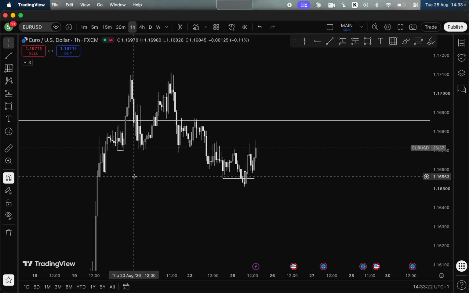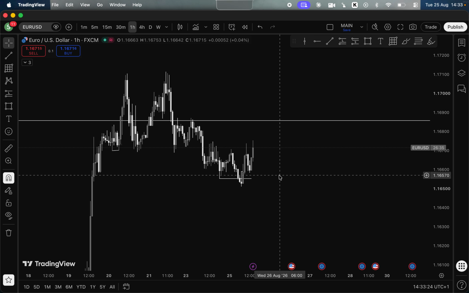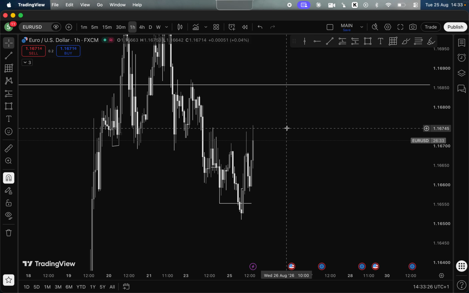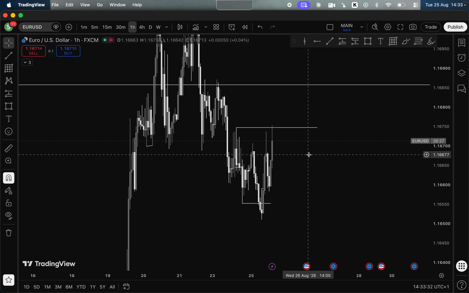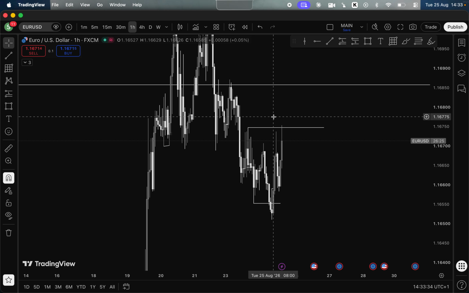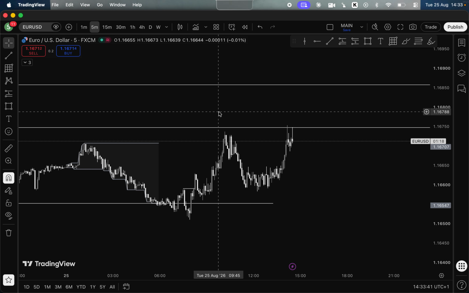But going back to what I said earlier about my direction, I think just looking at this, okay, we're taking out this high. It's quite nice, to be honest. I still think we could potentially move lower.